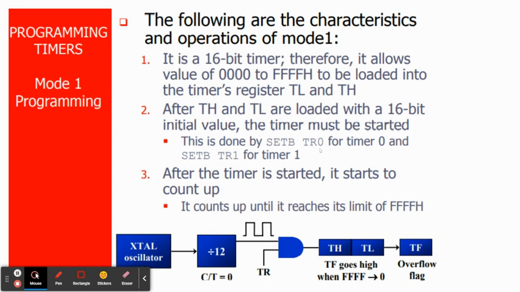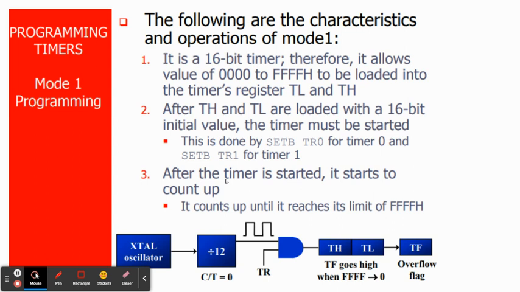And if it is timer 1, then the command is SETB TR1. Again, TR0 equals 1 semicolon, or TR1 equals 1 semicolon. This is for C language. For assembly language, SETB TR0 or SETB TR1. No need to put the semicolon.